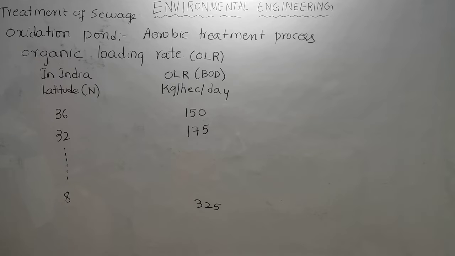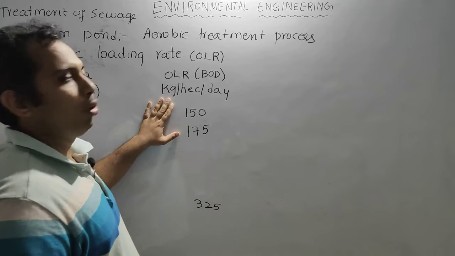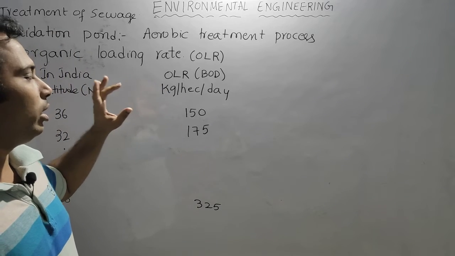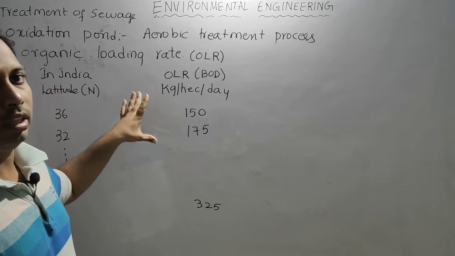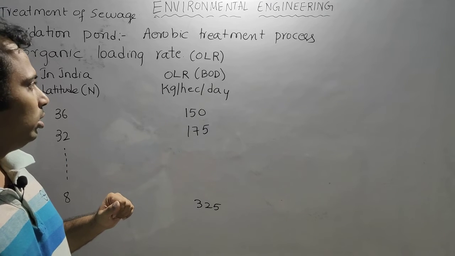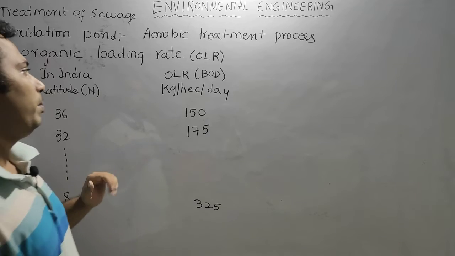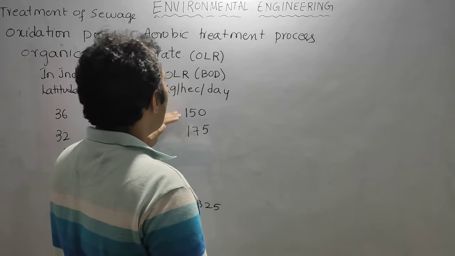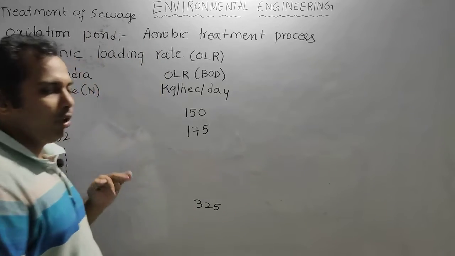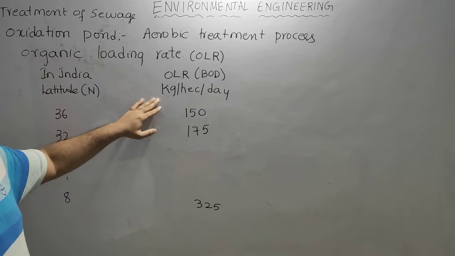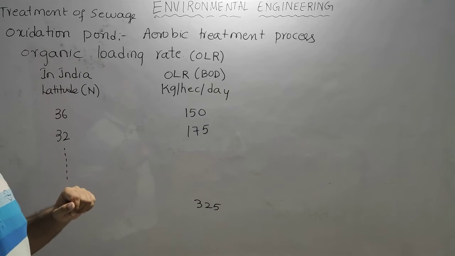So generally, by looking at the organic loading rate, we can design the oxidation pond. This is the organic loading rate already given for us, in kg per hectare per day.